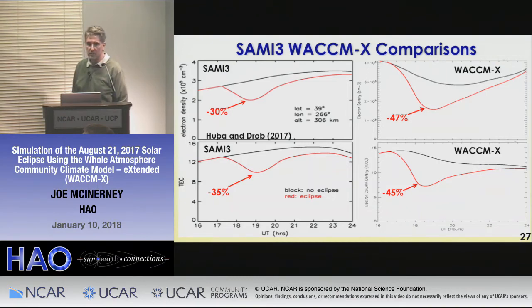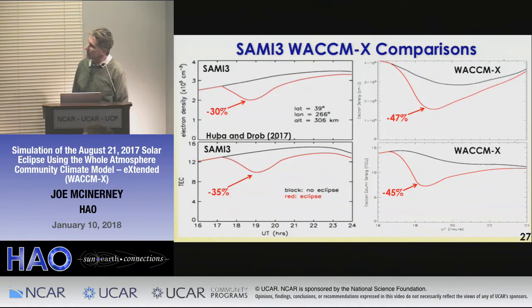I mentioned the paper that Joe Huba and Doug Drob had done predicting what would happen to the ionosphere during the eclipse. This is some results from that on the left. They looked at 36 degrees latitude, 266 degrees longitude, at 306 kilometers, and they compared a time series from 16 UT to 24 UT on the day of the eclipse, with the no eclipse in black and the eclipse in red.